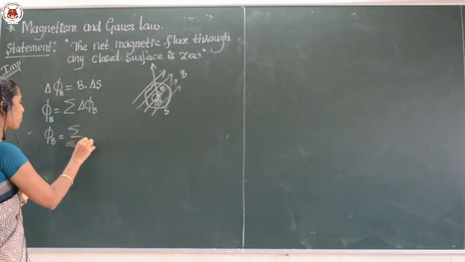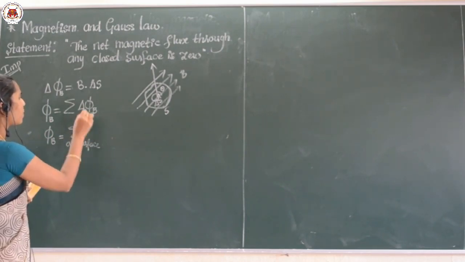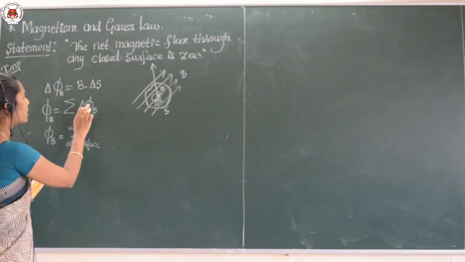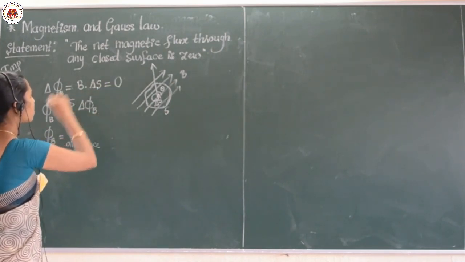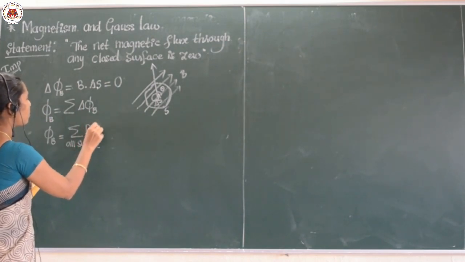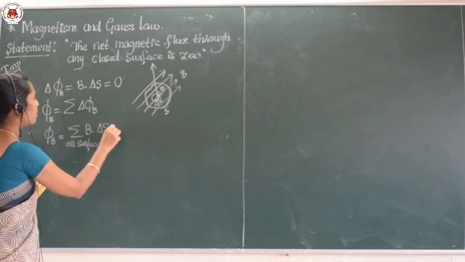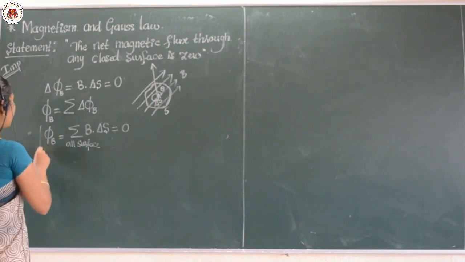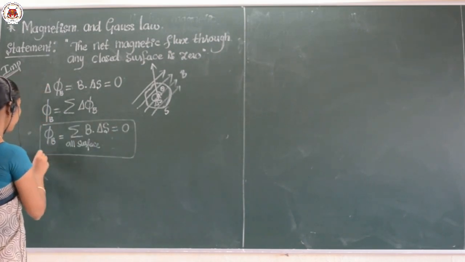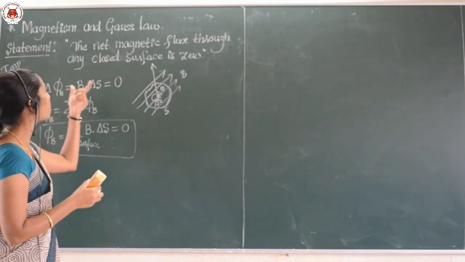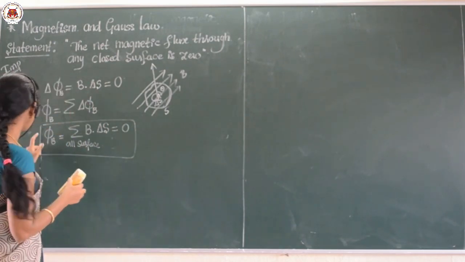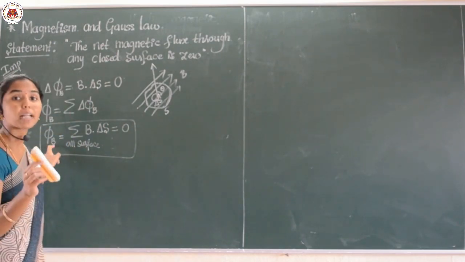Here delta phi B, as the statement says, is equal to 0. So this is the summation of B into delta S, and it is equal to 0. This is the mathematical representation of the Gauss law in magnetism, where phi B is the magnetic flux.